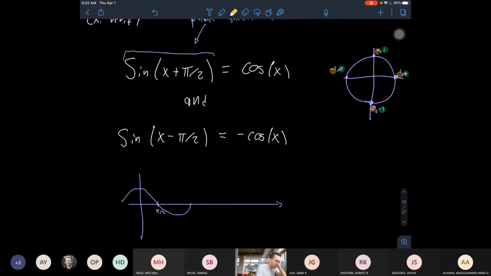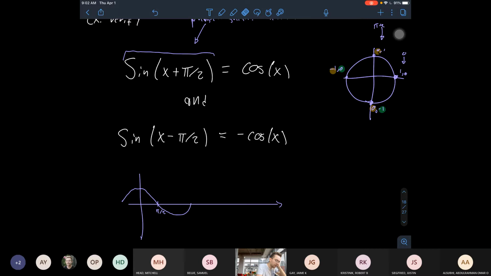So what this is saying is if we start counting the sine at pi over 2, and if we start counting the cosine at 0, then as we go around, we're going to be hitting the same numbers, okay? So if the sine count is pi over 2 in front, then what is this really saying?